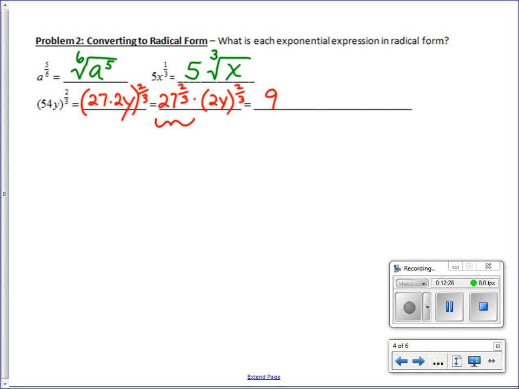So this expression right here is equal to 9. Now we'll write the rest of it using our cube root of 2y and squaring that, and that is our expression.